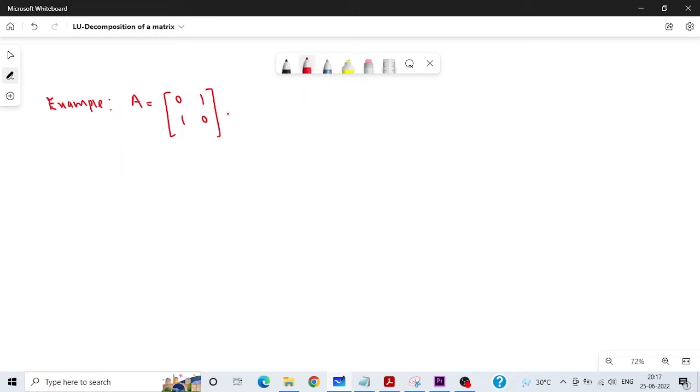Suppose we take this A matrix equals L11, 0, L21, L22, times U11, U12, 0, U22.